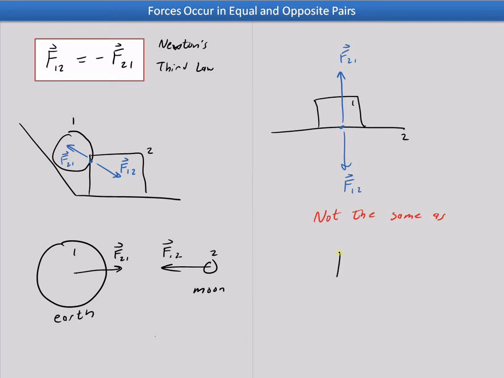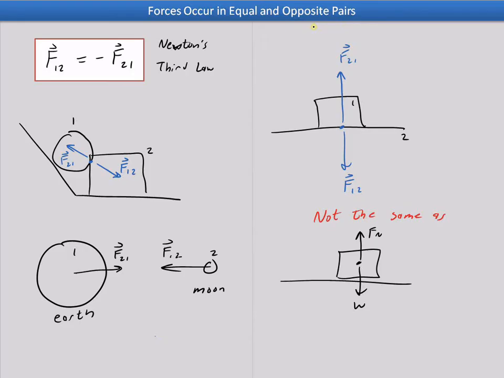as the situation where we've got a block sitting on a table and we draw the forces acting on the block. We draw a free body diagram for the block and we say that there's a normal force and then there's the weight, and they're equal to each other in opposite directions. No. That is not the same thing as Newton's third law. While it's true that a block sitting on the table has a weight that's equal in magnitude to the normal force, it's not because they're equal and opposite force pairs.